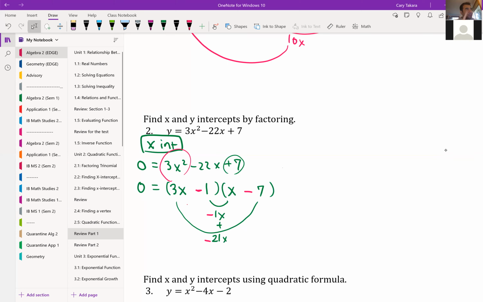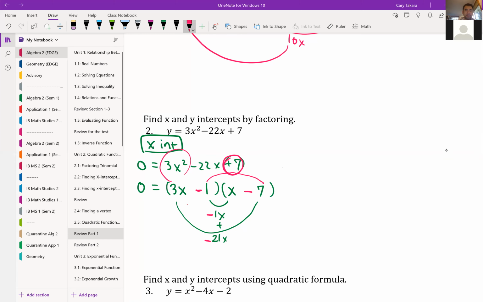Also, there is one more thing I want you guys to check. Just to make sure, is negative 1 times negative 7 positive 7? And it does, right? So if you check, you can easily identify your mistake. Sign mistakes occur a lot, and you will be able to catch those if you double check.